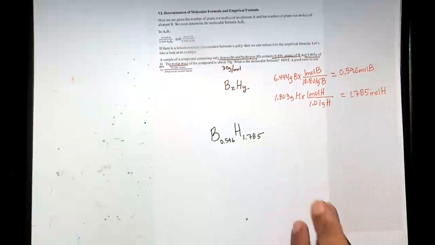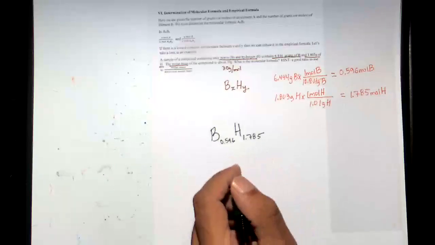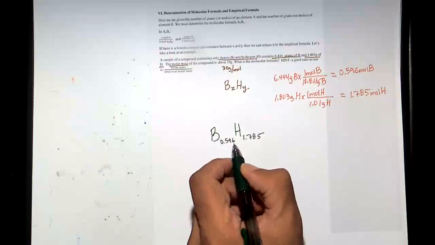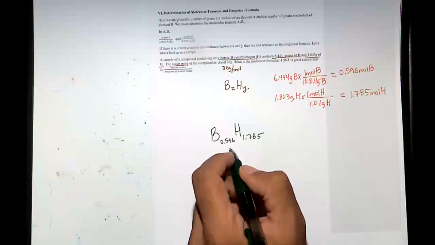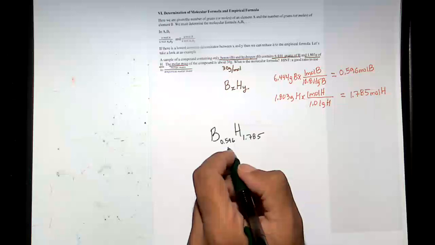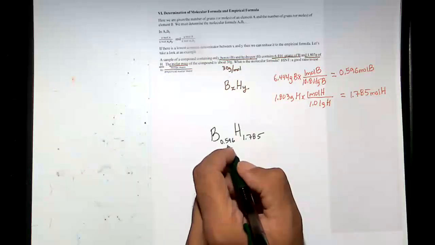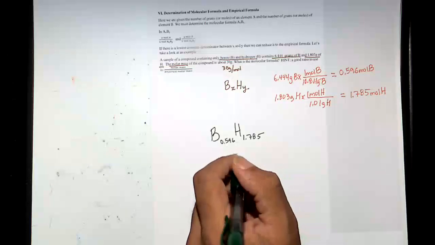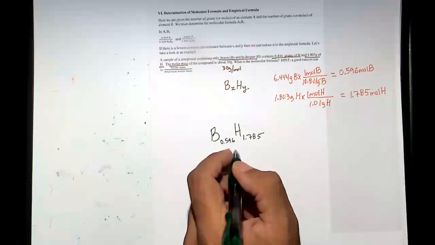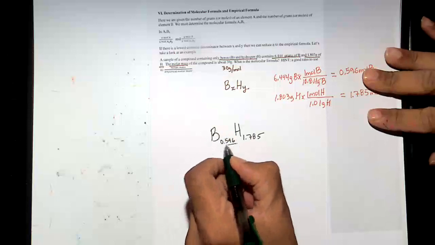So we need to get those decimals out, and the way we do this is a math trick. Are there any math majors here? It's called normalization. Have you heard of normalization? Normalization is when you force the lowest number to 1.